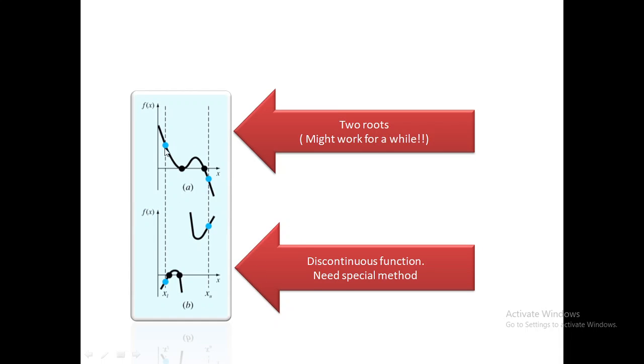Similarly, here you will get two roots because two points intersect the x-axis, f(x) equal to 0. In that condition, this function is called a discontinuous function. To solve that type of problem, we need a special method.